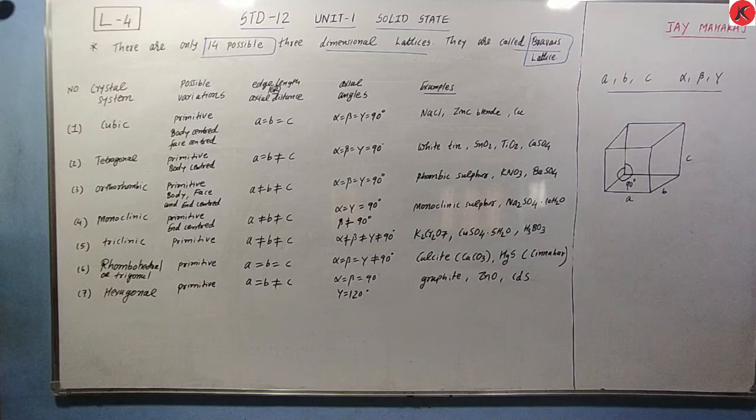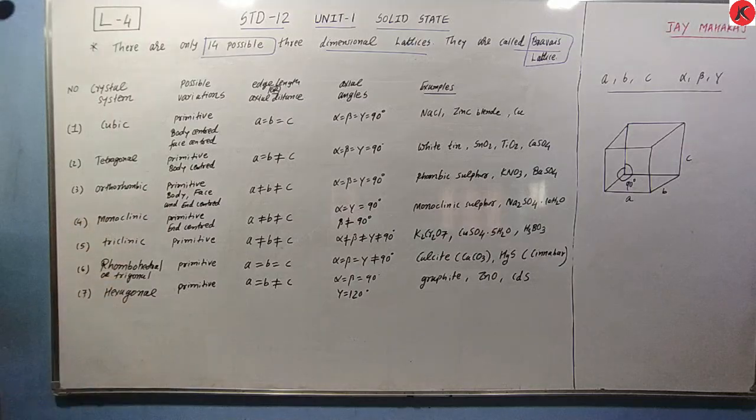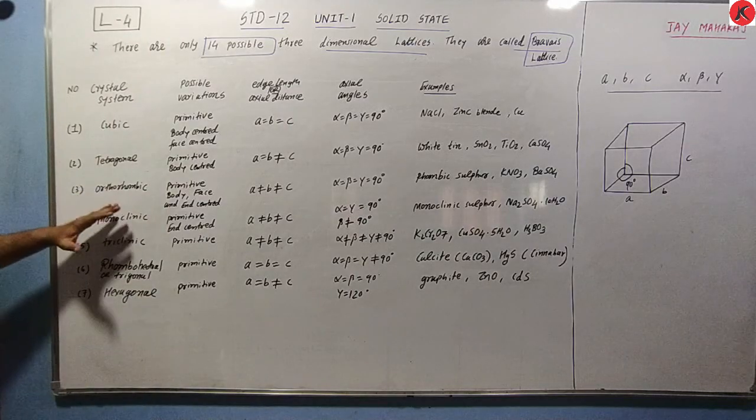Remember, now our aim is to derive the 14 types of Bravais lattice. So these are the simple 7 types of system available.